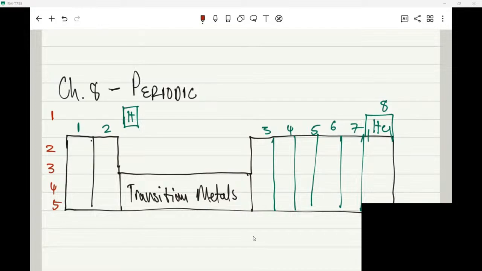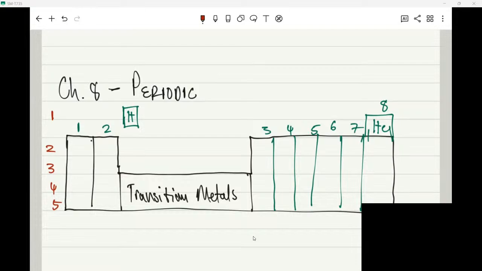If you're in group 1, there is only 1 electron in your last shell. Group 2, 2 electrons. Group 3, 3 electrons. Group 4, 4 electrons. Group 5, 5 electrons. Group 6, 6 electrons. Group 7, 7 electrons. And group 8, 8 electrons. Helium is the only one in group 8 without 8, but everything else in group 8 has 8 electrons in its last shell.